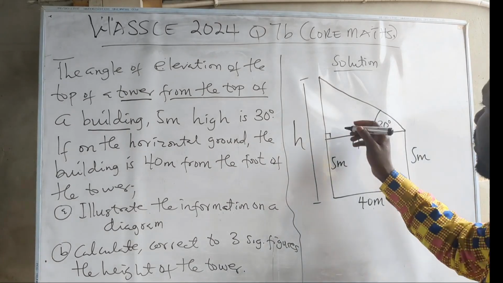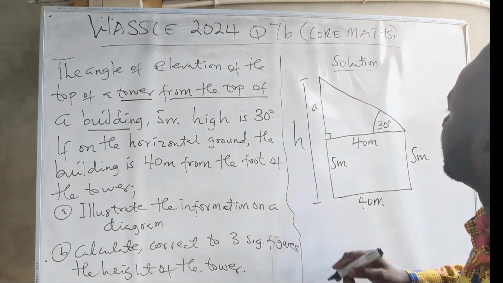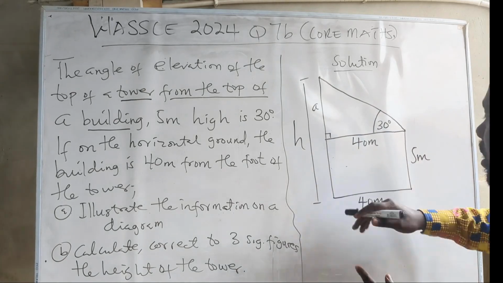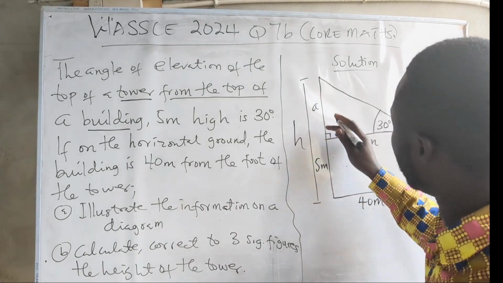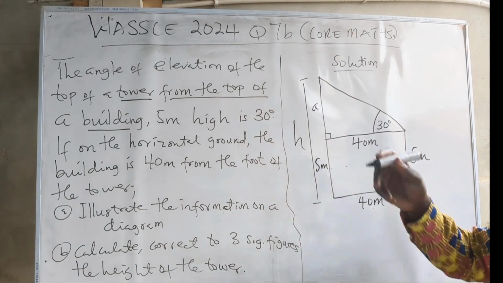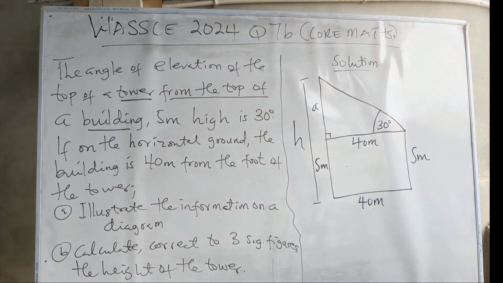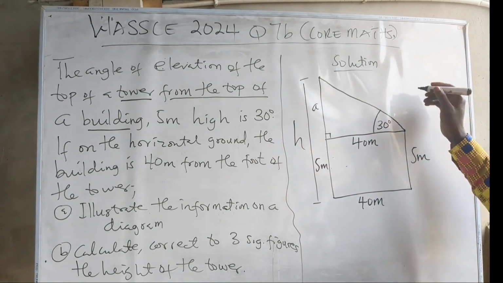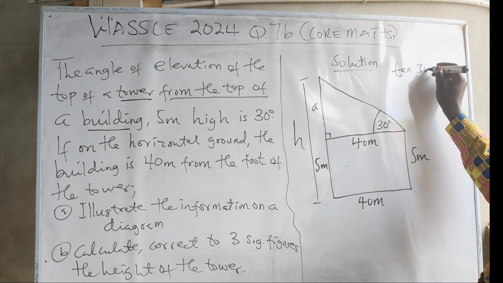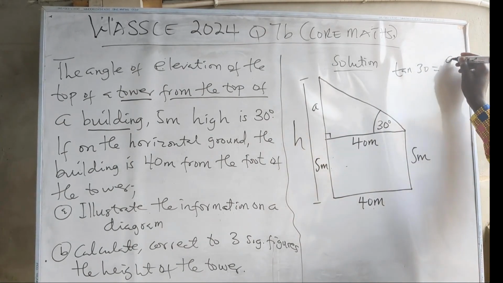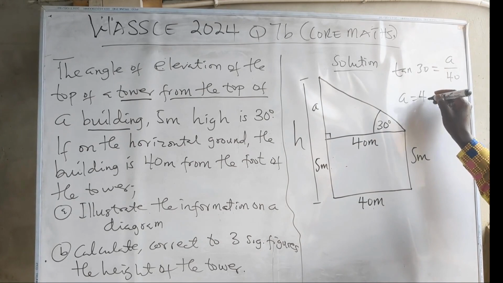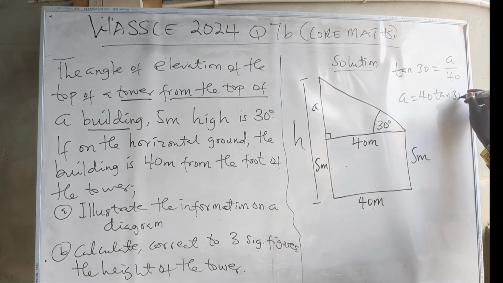So let me say here is A. What am I going to use to find A? Then I'll add A to the 5 to get the entire height of the tower. Here is 30 degrees, with opposite and adjacent. So I have tan 30 degrees equals the opposite, A, over the adjacent, which is 40. So A is going to be 40 multiplied by tan 30.